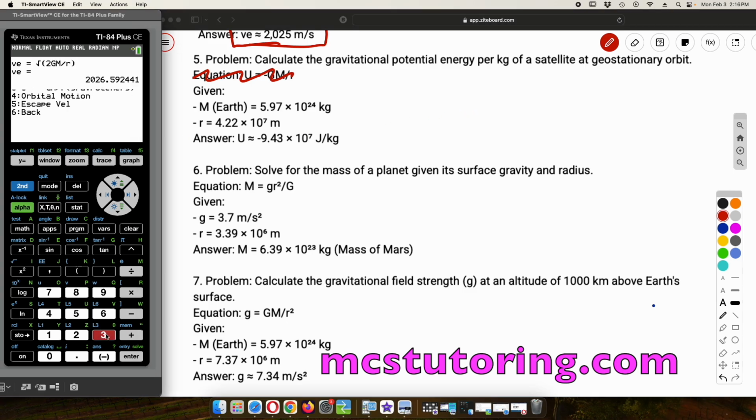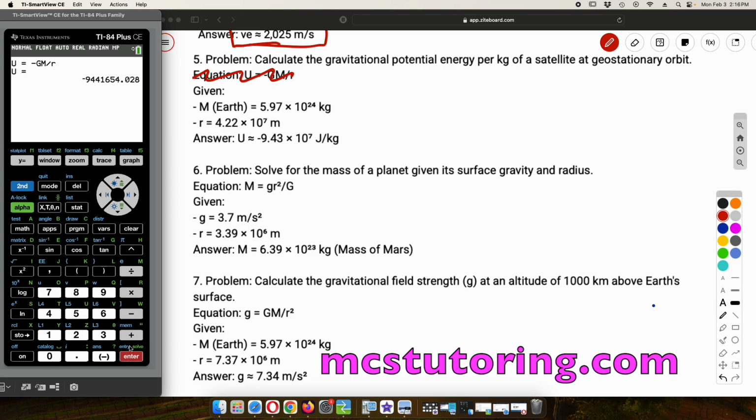Okay, so we're going to do option 3. And then we're going to solve the gravitational potential energy, solve for U. R, I'm sure, is the distance. So what is the mass of the Earth? That's 5.97 times 10 raised to the 24. And then the R, the radius, the distance, 4.22 times 10 raised to the 7th.